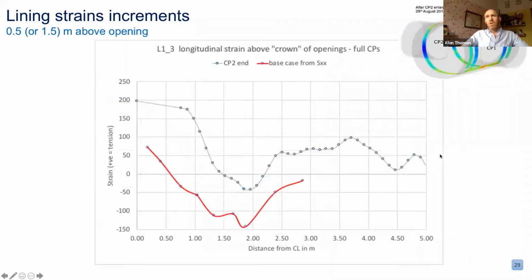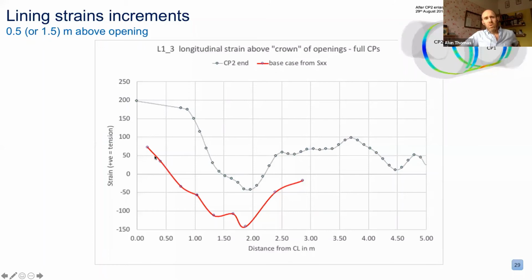If we turn to the other sections, the sections above and below the opening, this line here is data from above the opening. The grey line with the dots, those are the measurements taken, and that's from the stage when the cross passages are fully developed, so both enlargements have been completed.